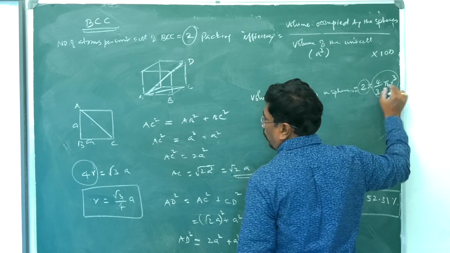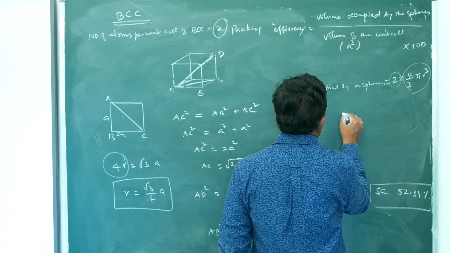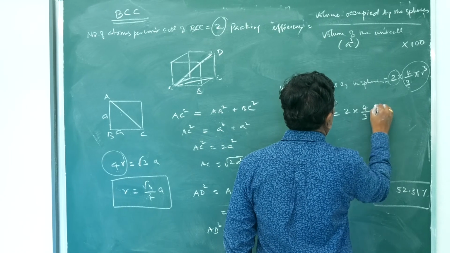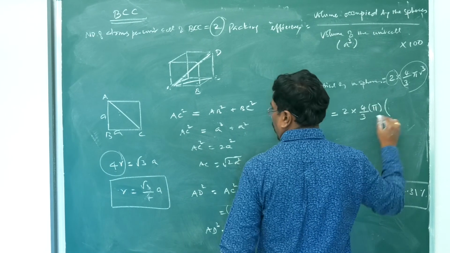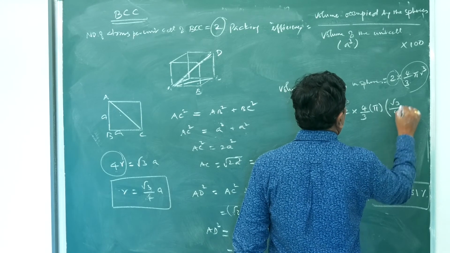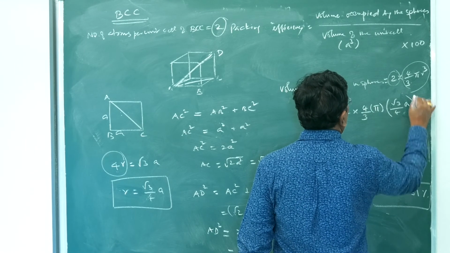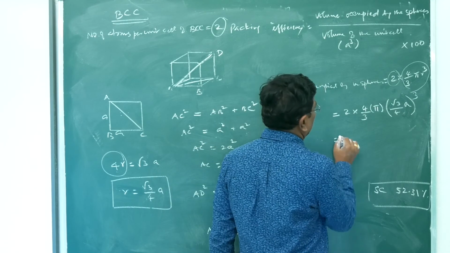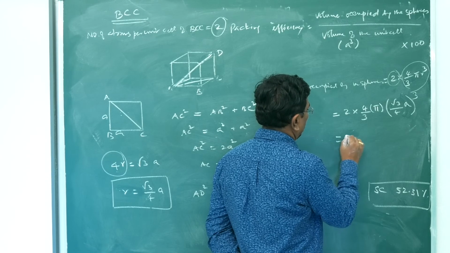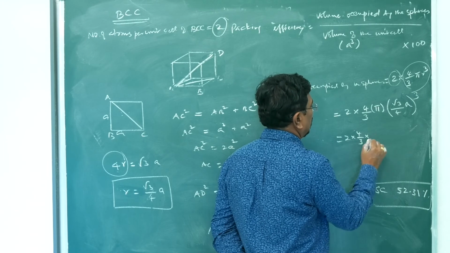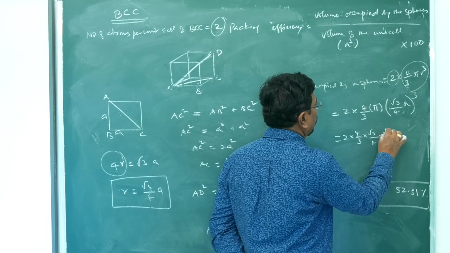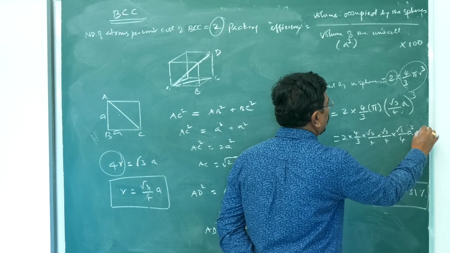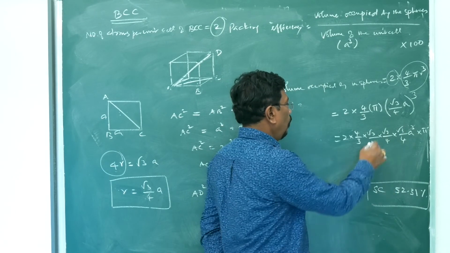Now the value of r is root 3 by 4 a. Therefore, the volume occupied by the spheres is equal to 2 into 4 by 3 pi into root 3 by 4 a whole cube, which is equal to 2 into 4 by 3 into root 3 by 4 into root 3 by 4 into root 3 by 4 into a cube, and pi is also remaining. 4 and 4 get cancelled.